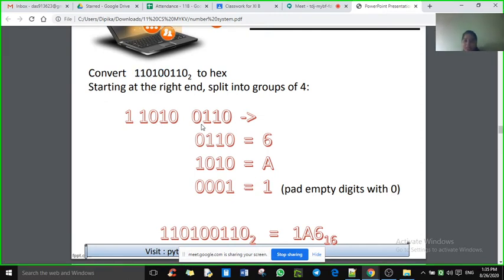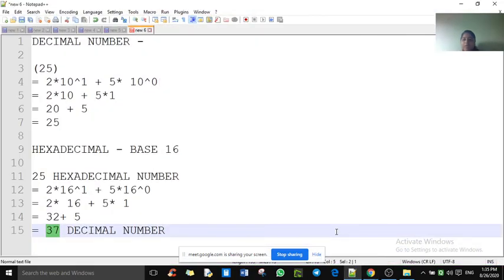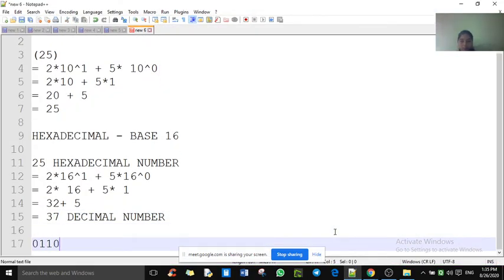So this represents 0 1 1 0. This is a binary. Tell me its equivalent decimal number. How will you calculate it?